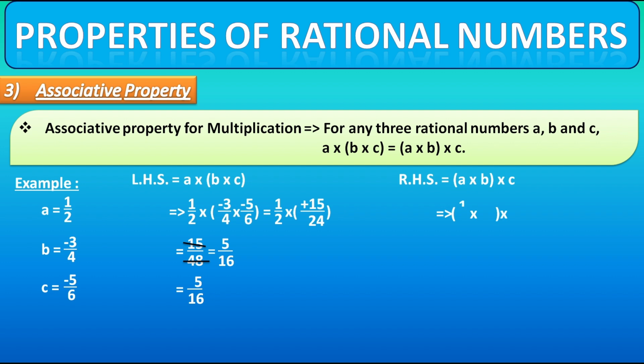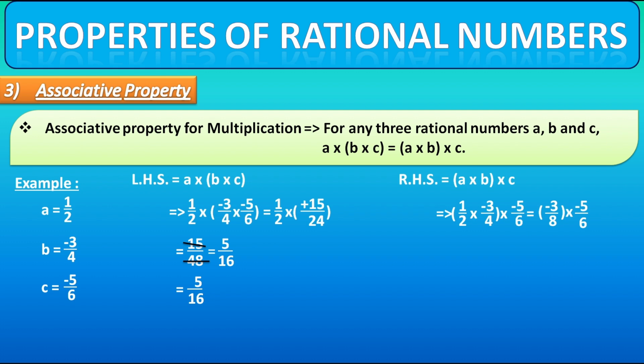Here we have in the bracket half into minus 3 upon 4, and outside the bracket we have minus 5 upon 6. Now first we will solve the bracket. So 1 into minus 3 is minus 3 and 2 fours are 8, and outside the bracket we have minus 5 upon 6. Okay.